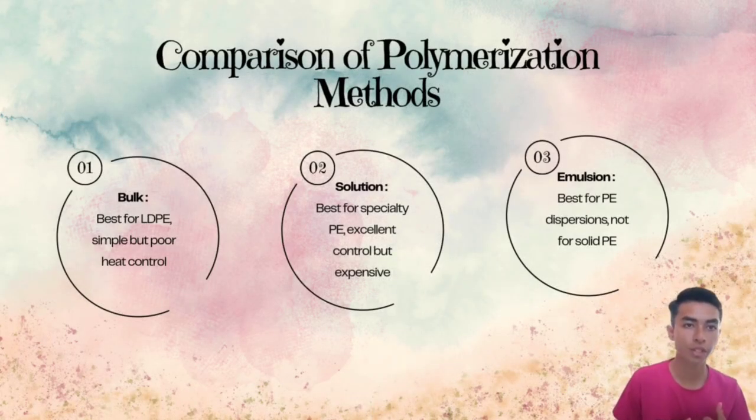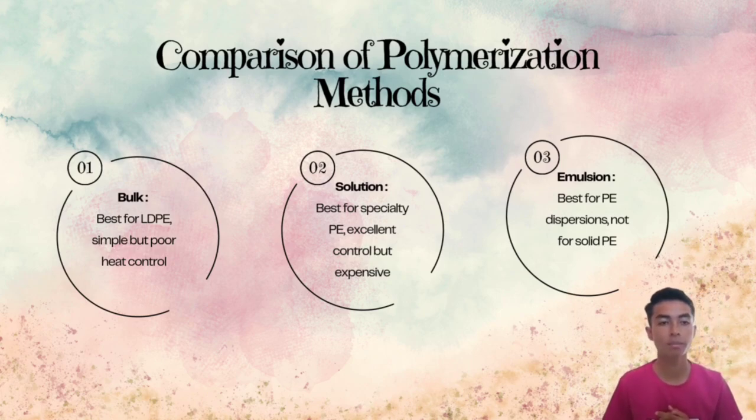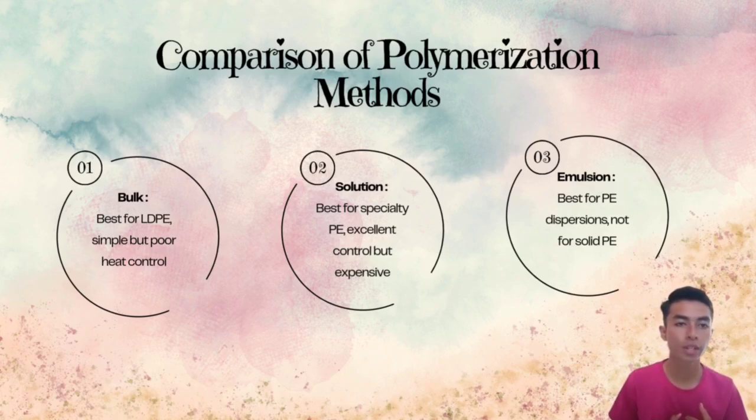Next is comparative analysis. When comparing all 5 polymerization methods, each method has its own strengths and weaknesses. For example, bulk polymerization is simple but has poor heat control.